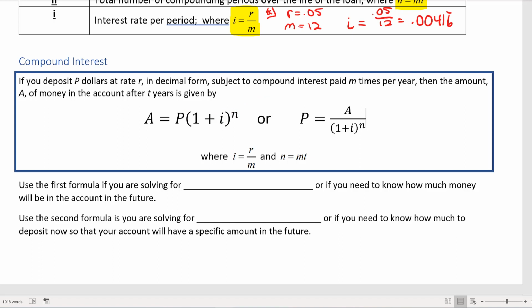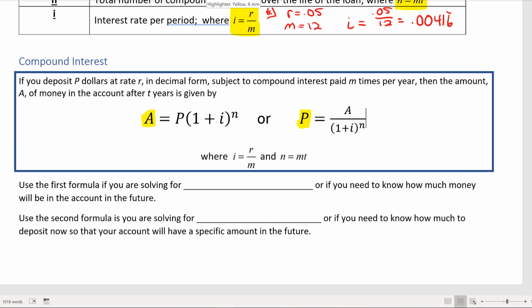Well, because we have one solved for A and we have one solved for P. Okay? So sometimes you're going to want to know your future value to know how much money you're going to have in the future. And sometimes you want to know how much you need to deposit now so that your account is going to have something specific in the future. So these two formulas are the same formula, but just solved for different values.